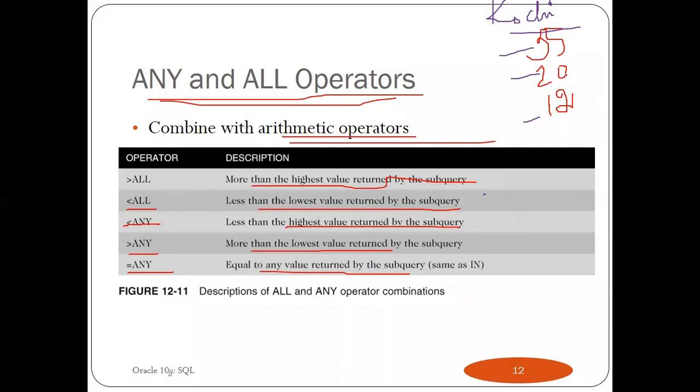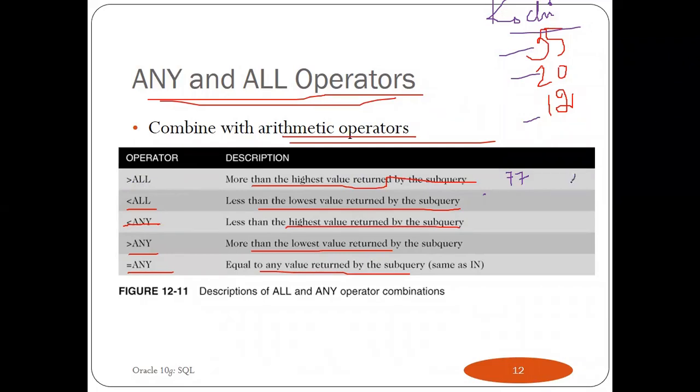Which is the highest value here? 55. So a number like 77 will qualify under greater than ALL. It is greater than all the values, which means greater than the highest value, 55.